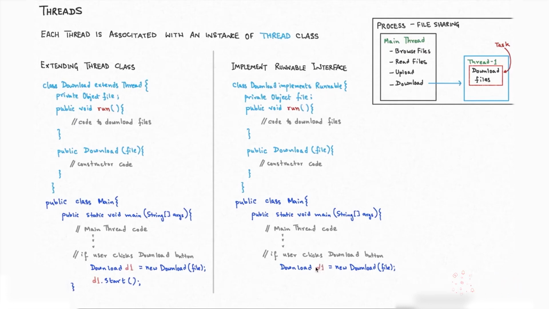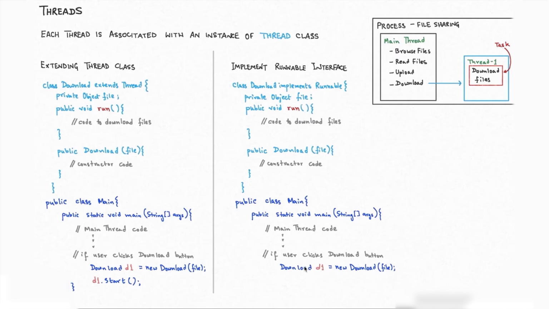What that means is that we have not created a thread yet. Here, when we created the download object D1, that meant that we already created a thread because download class was extending the thread class. And so download is a child of the thread class in that case. Here, we have not created a thread yet because download is not a child of the thread class. So what do we do?